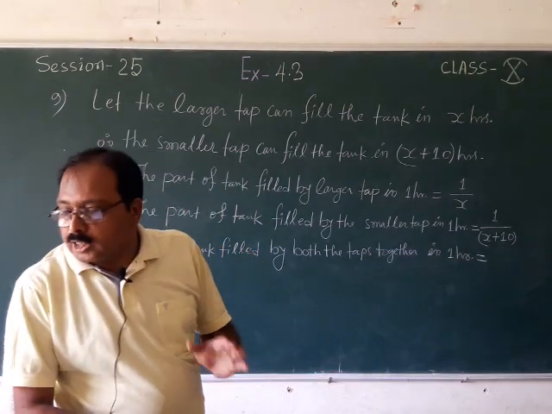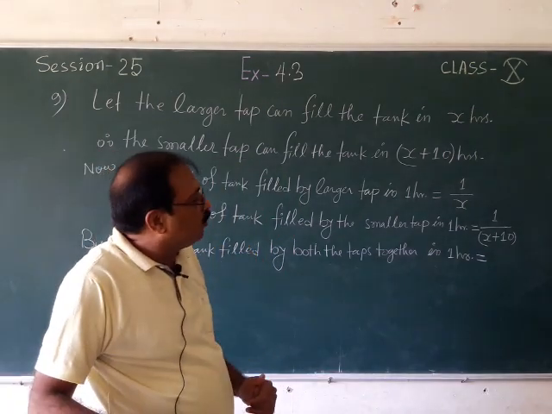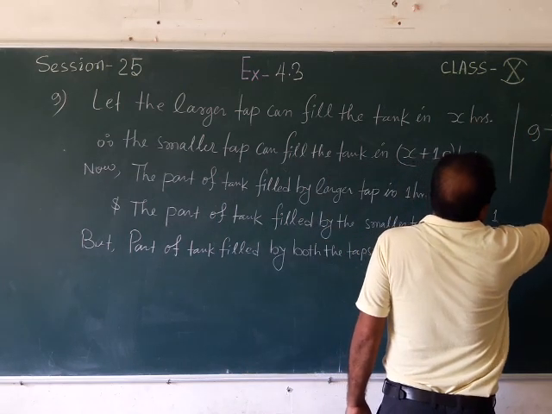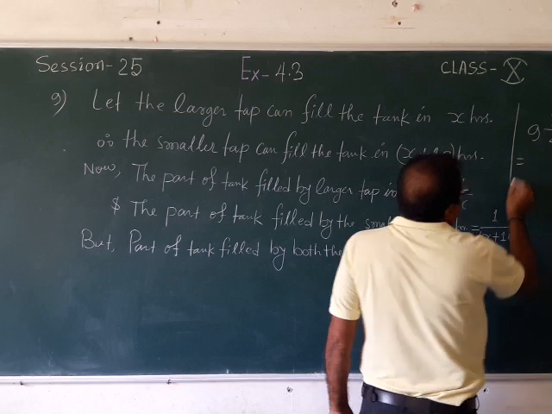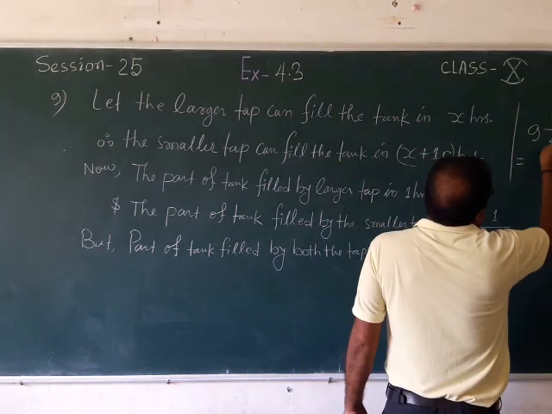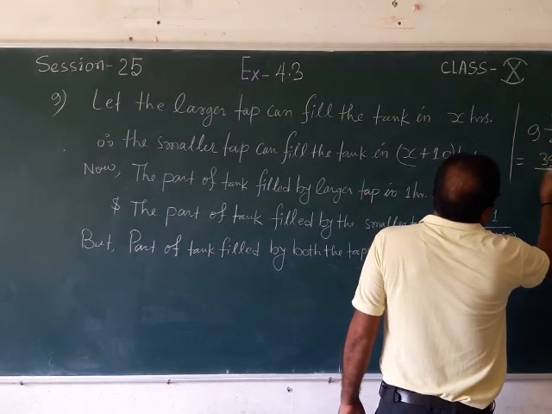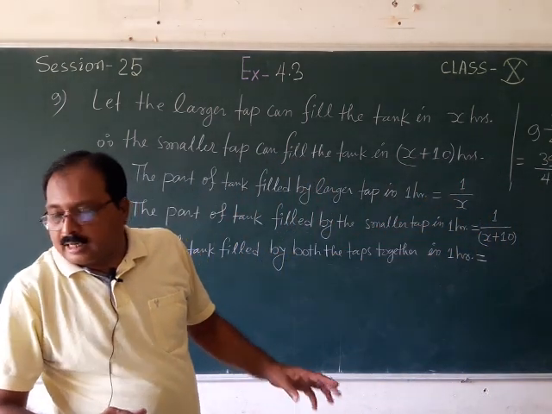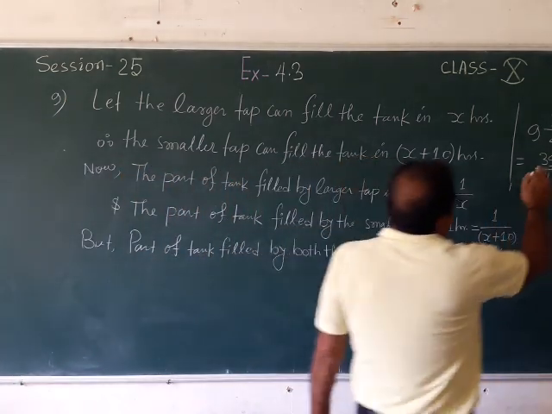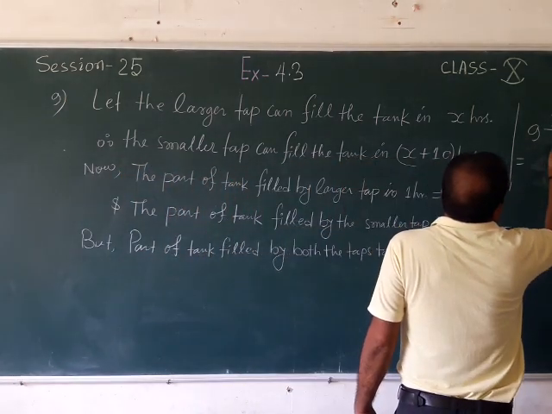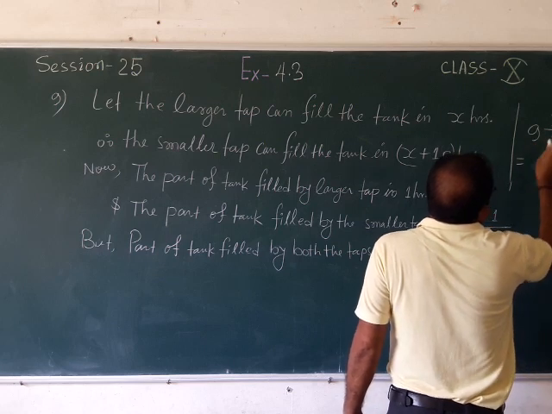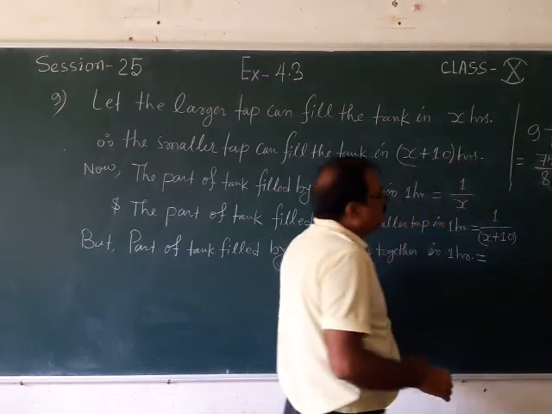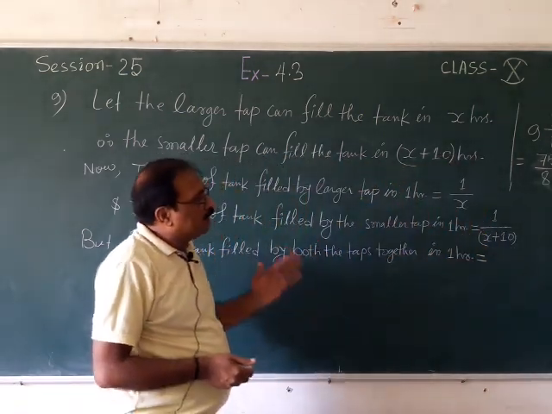You can see in the question, the total time taken is 9 whole and 3 by 8 hours. So, 9 times 8 is 72, plus 3, that is 75 by 8. That means within 75 by 8 hours together they can fill the tank.